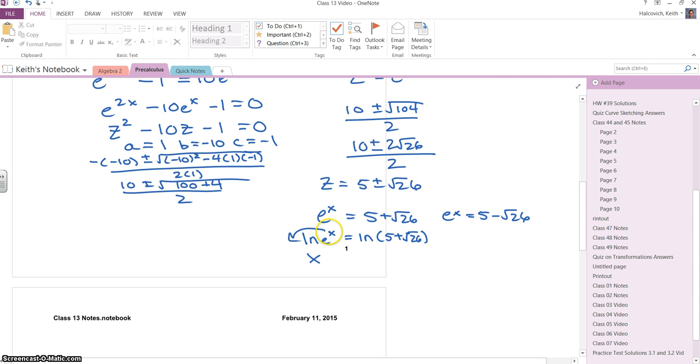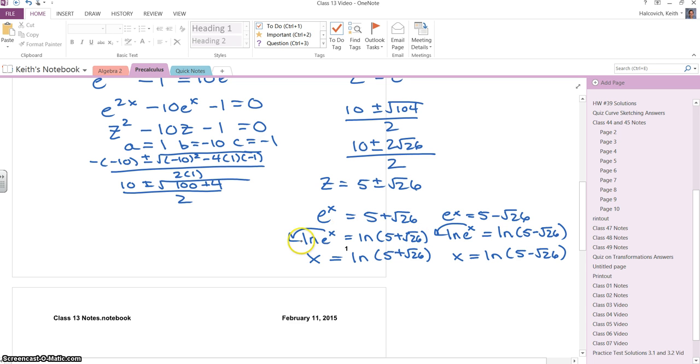Remember, the ln of e is 1. And in this case, we do the same thing. Roll that to the front. So you get x equals the ln of 5 minus the square root of 26.